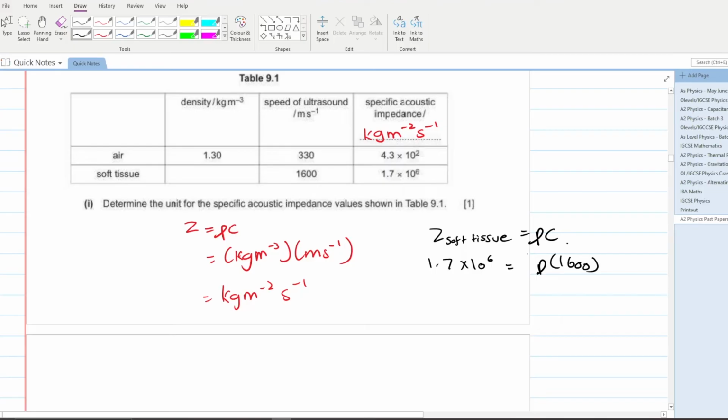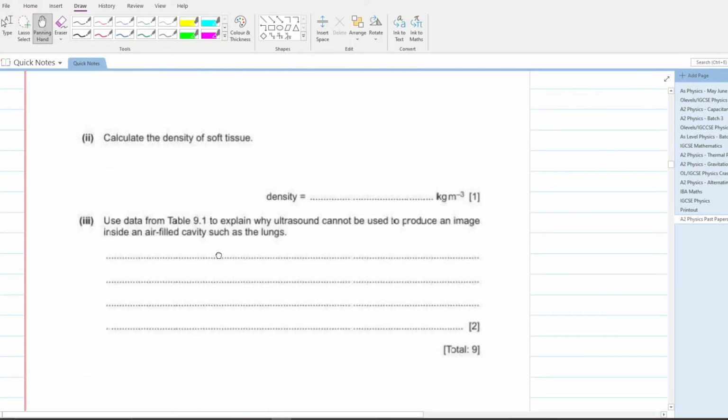So 1.7 × 10^6 divided by 1600. Density comes out to be 1063. We have to give the answer to 3 significant figures, so let's say 1060.